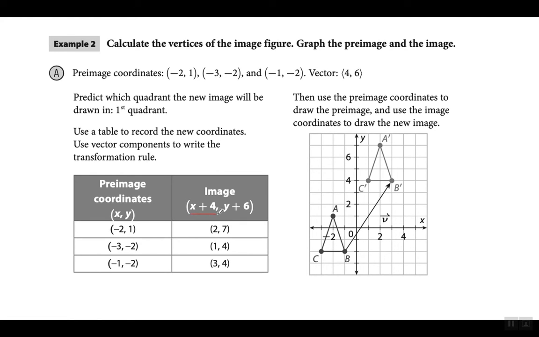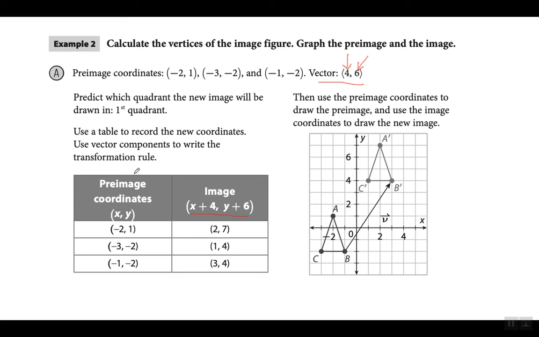They got that information from right here, in this column, which shows us what they want us to add or subtract to the x coordinate. In this case, it's positive 4, so you have to add 4 to the x coordinate. And in the other one, they're telling us what we're supposed to add or subtract to the y coordinate. Since we have a positive 6, we're going to add that to the y coordinate.